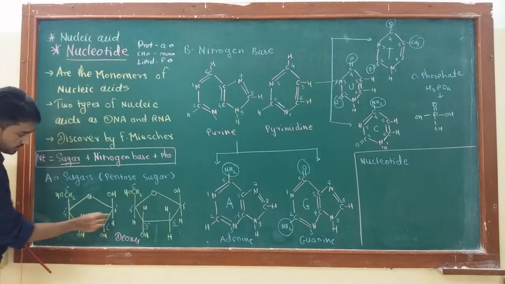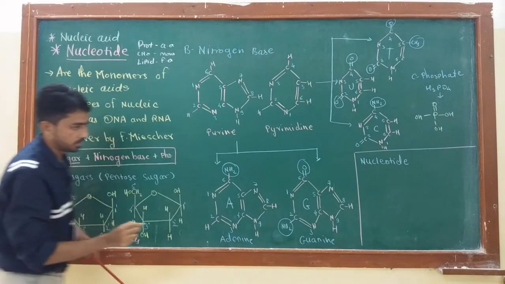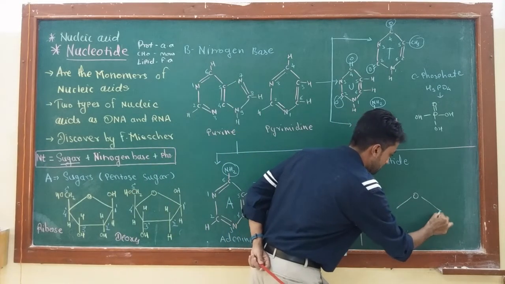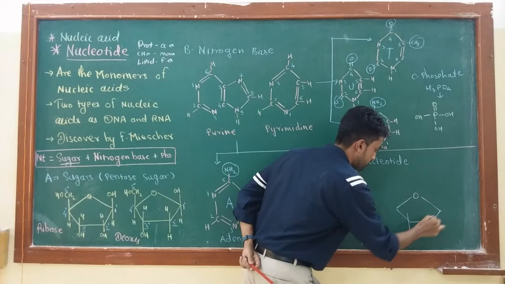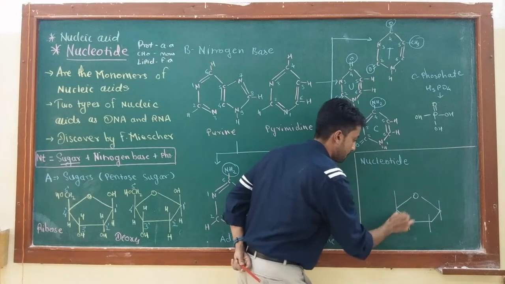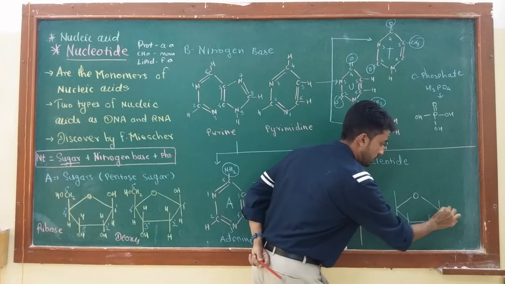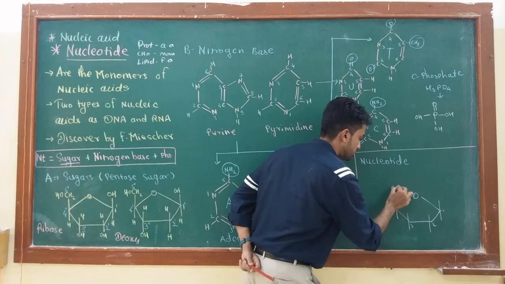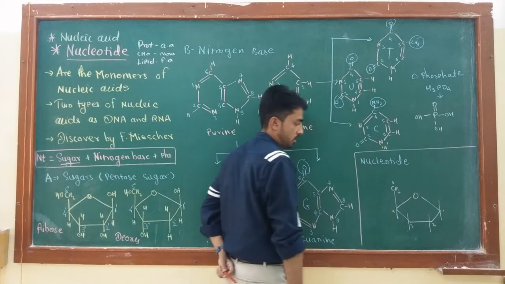If I select this deoxyribose pentose sugar, in that case if I draw the sugar structure here, this is carbon number 1, 2, 3, 4 and 5.